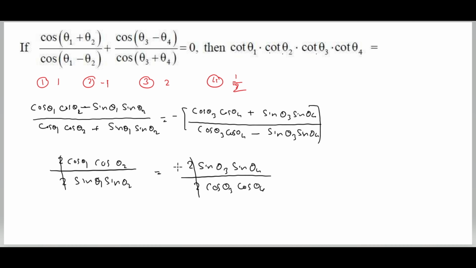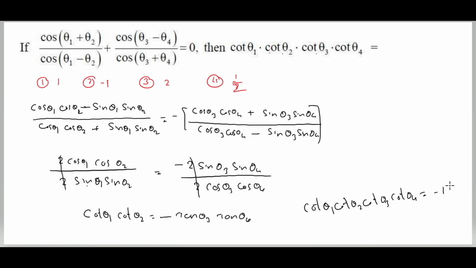So here is minus. So cos theta 1 by sin theta 1, that is cot theta 1 into cot theta 2 is equal to minus tan theta 3 into tan theta 4. Take minus this side, that is cot theta 1 into cot theta 2 into cot theta 3 into cot theta 4 is equal to minus 1. Here the second option is the correct answer.